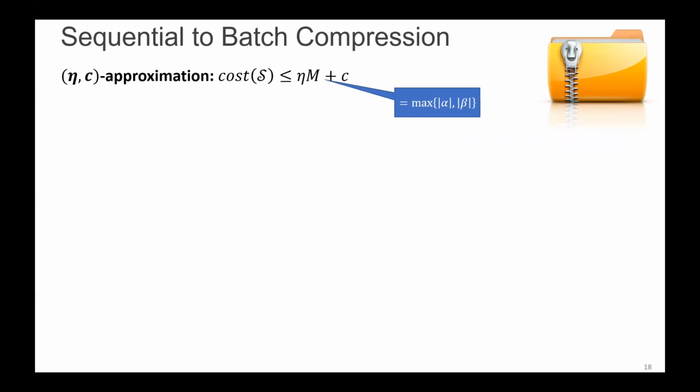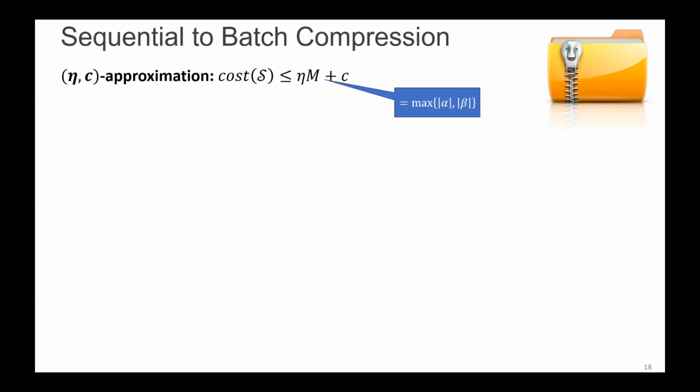We say a schedule is an (eta, c) approximation if its cost is at most eta times m plus c, where m is, and this is different from how approximations are usually defined, not the cost of an optimal schedule, because we don't know what it is, and sometimes it's even incomplete to compute, but actually m is just a lower bound on the optimal schedule.